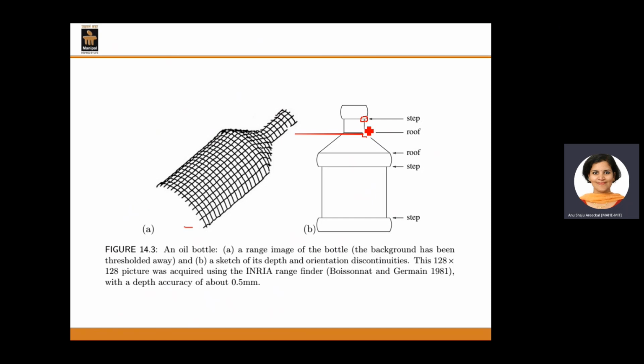Along the same path there is a sudden abrupt change in the depth information. This is how you can identify steps and roofs, which are different types of edges in a range data image.